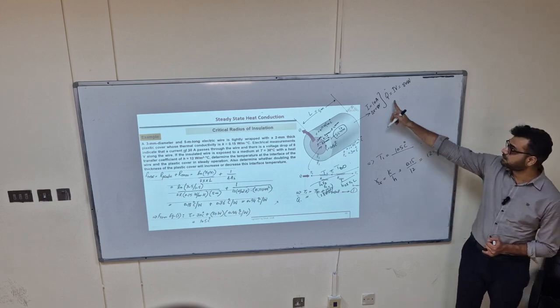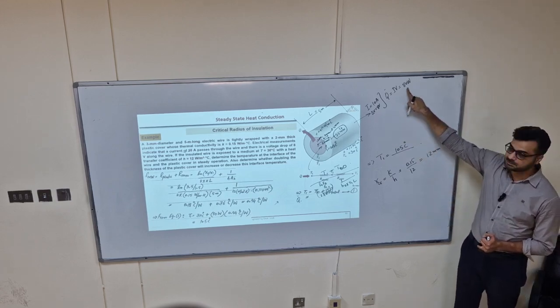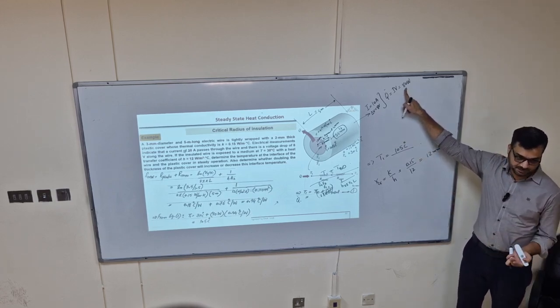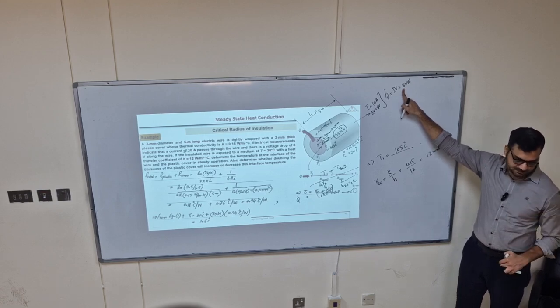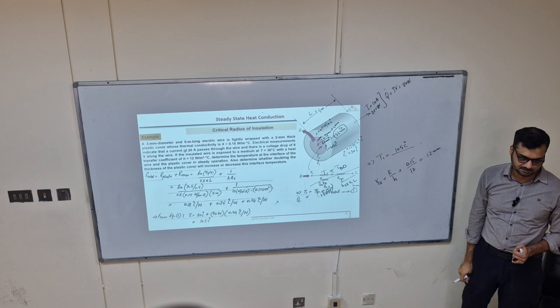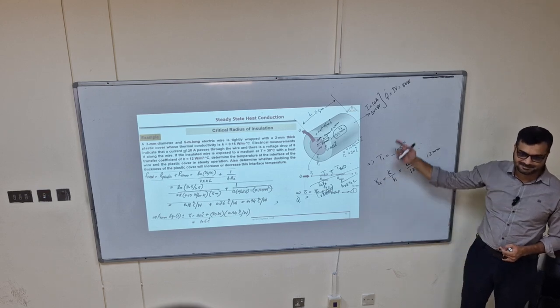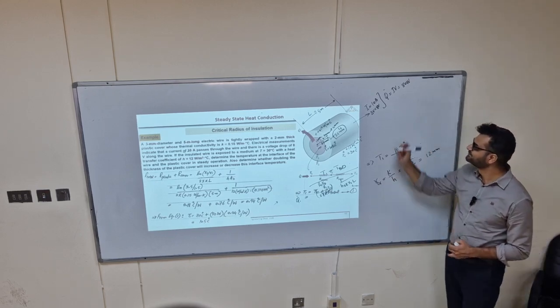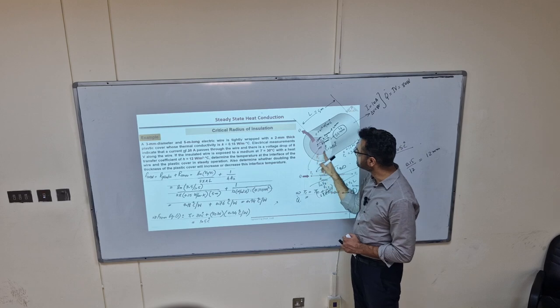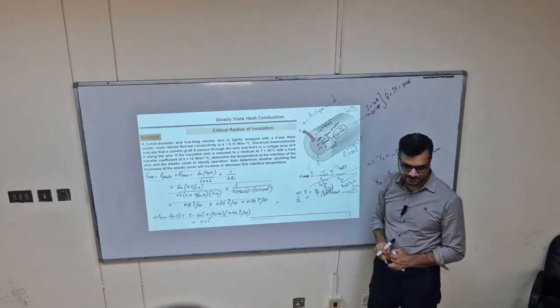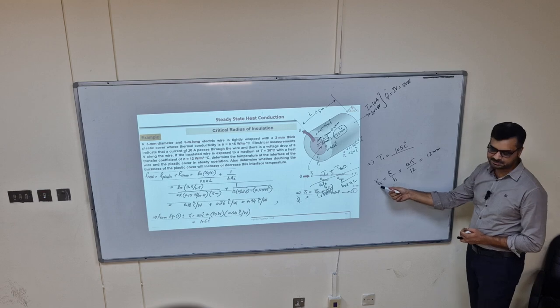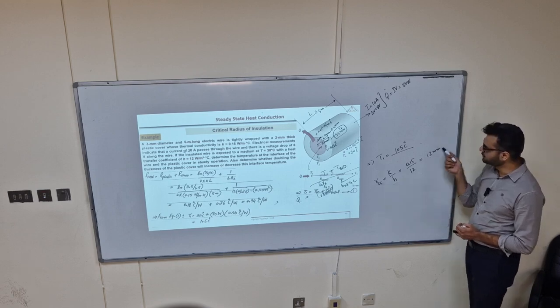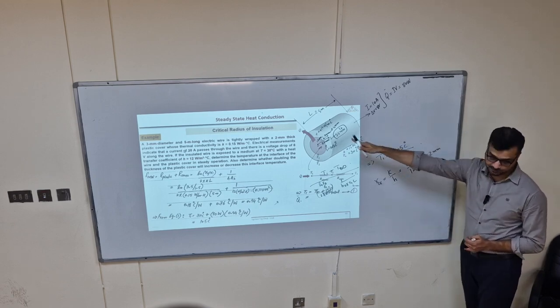But in this case, heat is fixed. Q is fixed. When Q is fixed, it means temperature will drop. Amount of heat which is produced here is fixed or not? Yeah, it's fixed. So by increasing radius, we know it is below critical radius of insulation.